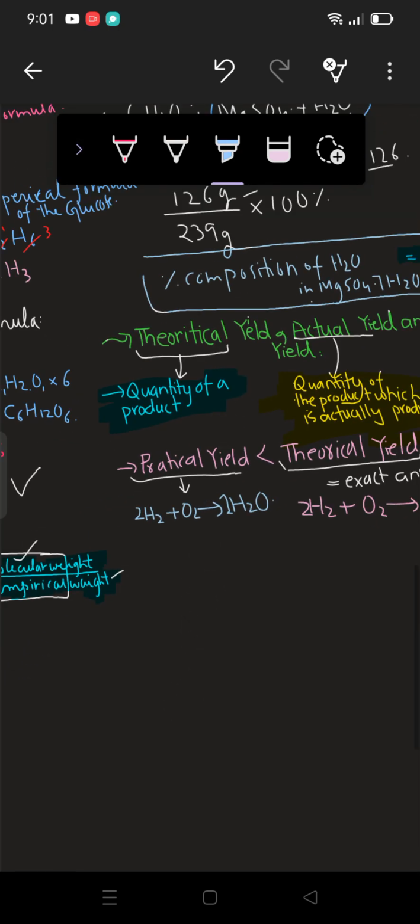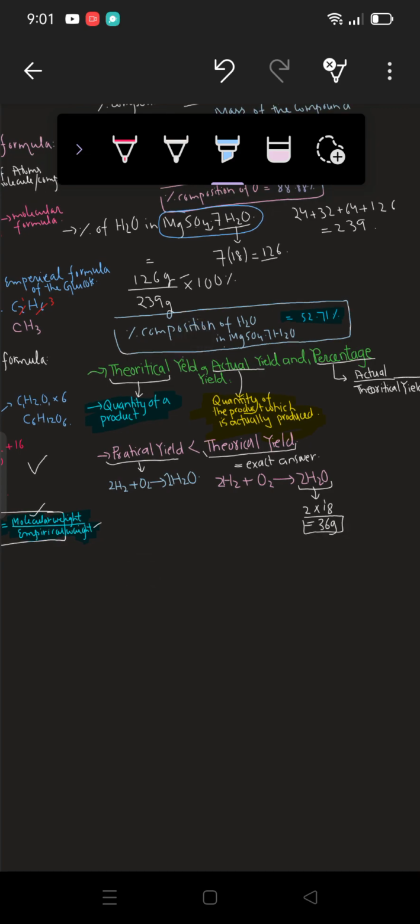Maybe side reactions may produce by-products, or some reactions were reversible, or mechanical loss takes place due to filtration, distillation and separation, washing and crystallization, etc. So we have these reasons which make the practical yield less than the theoretical yield.